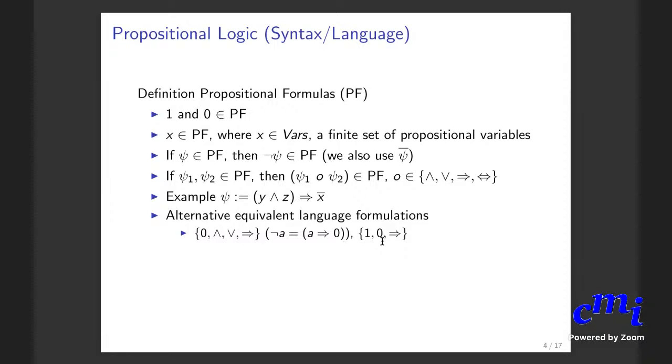Another alternative equivalent formulation has only the two constants, 1 and 0, and implication. All the other connectives, and, or, negation, can be derived in terms of these three things.